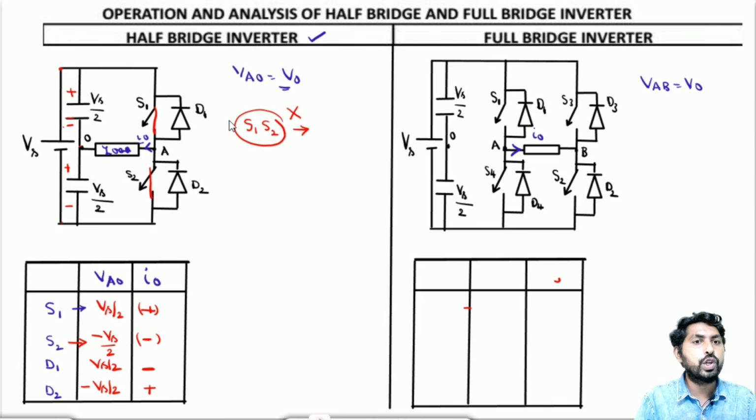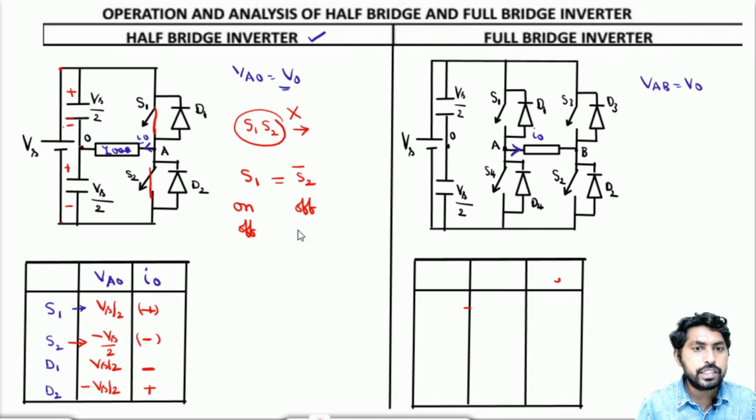S1 and S2 should not be on at the same time, so S1 is the complement of S2. When S1 is in on condition, S2 should be in the off condition, and when S1 is in off condition, S2 should be in the on condition. So S1 and S2 are complementary switches. They should not be on at the same time.